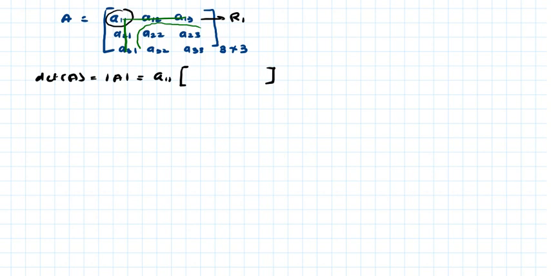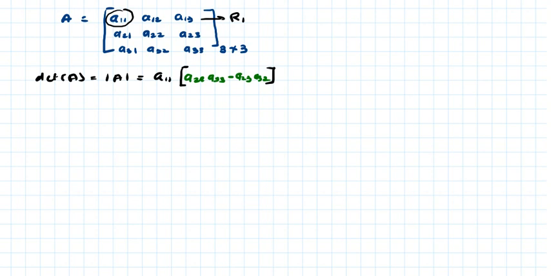Only this sub matrix will remain. You need to find the determinant of this sub matrix, and its determinant will be A22 A33 minus A23 A32, taking the cross multiplication.